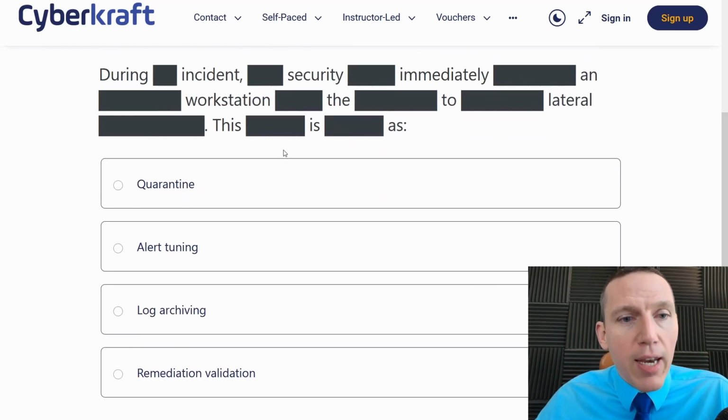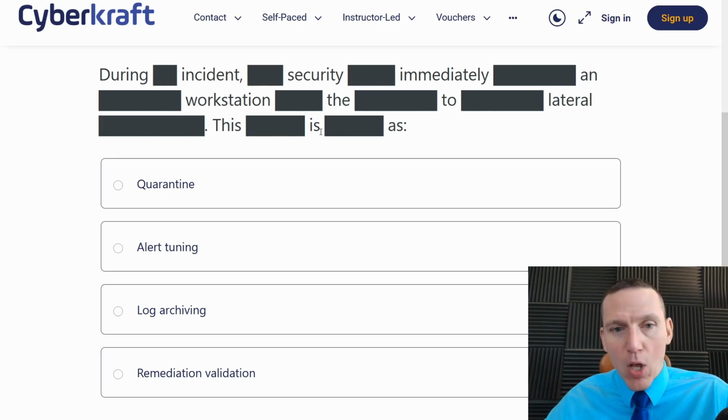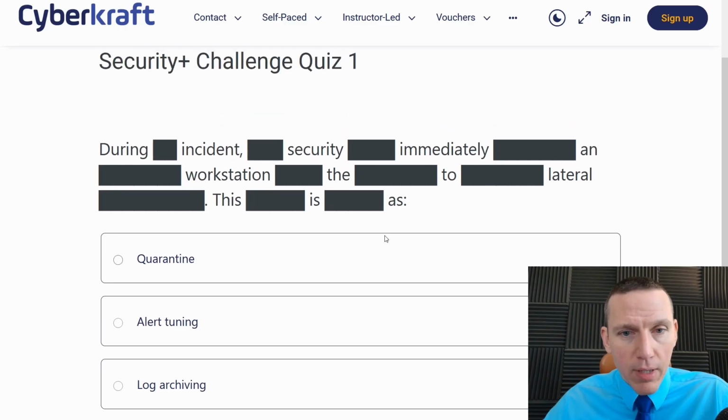Okay, during an incident, something security, something immediately, something blank workstation, blank the blank to blank. This is known as something. Immediately isolates.